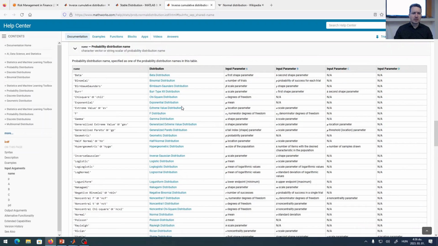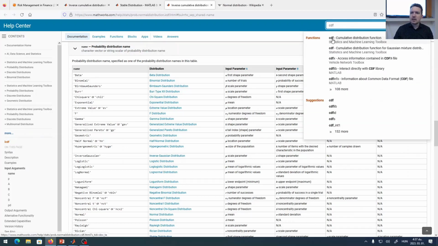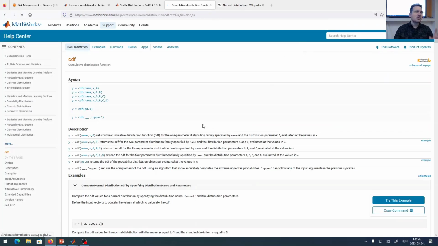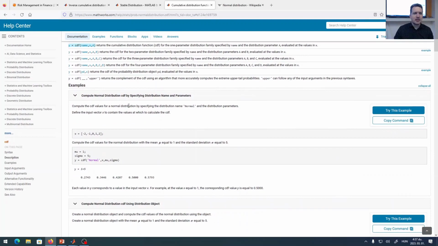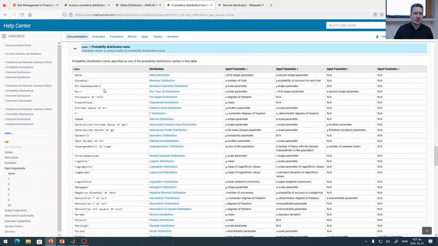I already opened this one. Not ICDF, but CDF. Obviously we have a general one. So we could have normal distribution, just in this case I would like to generalize as much as possible.